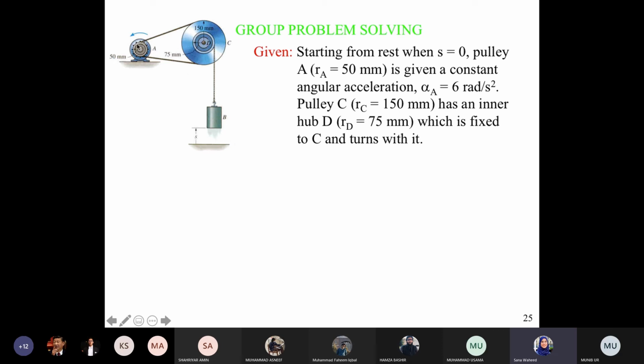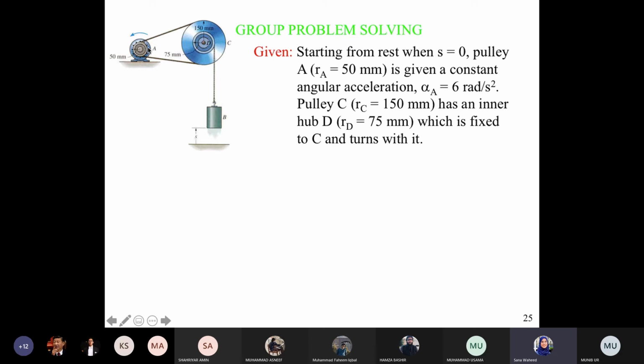So मोटर जो है वो कनेक्ट हुई हुई एक लार्जर व्हील के साथ और उसी व्हील का एक छोटा हब भी है, मतलब ये कि उसी के साथ एक और छोटा व्हील भी अटैच्ड है, उसके on top of which the cable is winding, जो केबल इस लोड B के साथ अटैच्ड है.